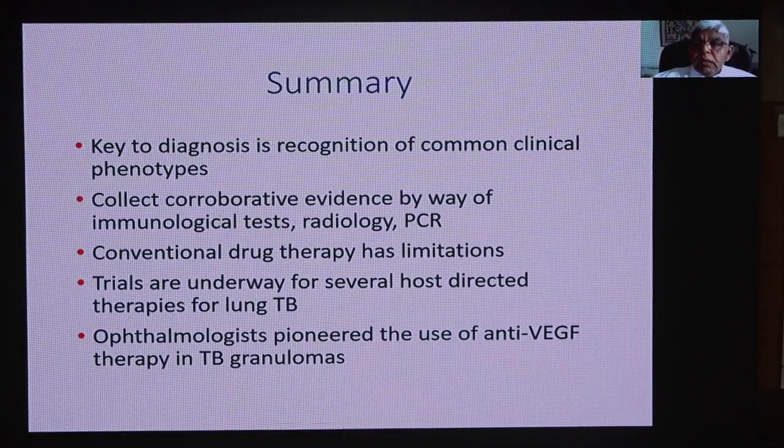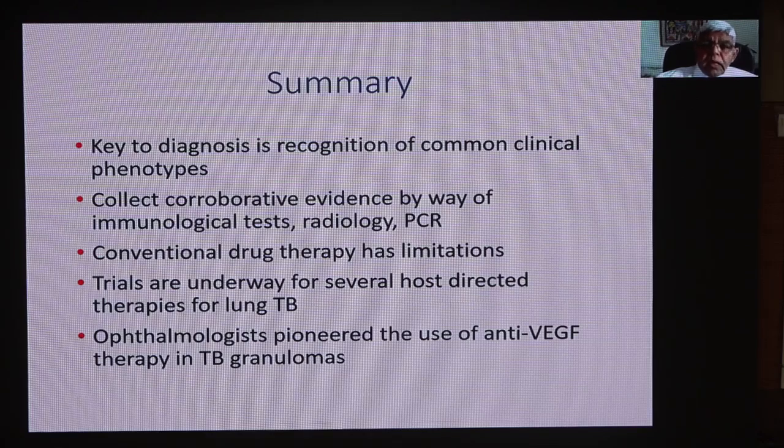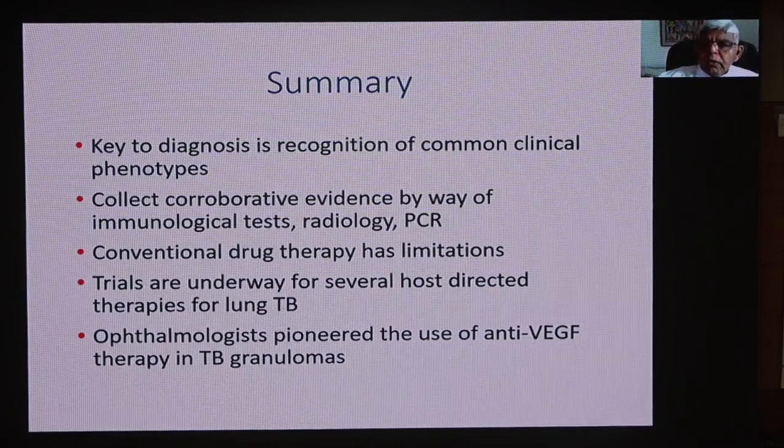All these are being tried to see if we can strengthen the immune response of the host, so that they can deal efficiently and reduce the duration of anti-TB drugs to less than 6 months. I'm glad to tell you again that we as ophthalmologists were the pioneers in the world to start using anti-VEGF therapy, a host-directed therapy, for very effectively and efficiently treating TB.